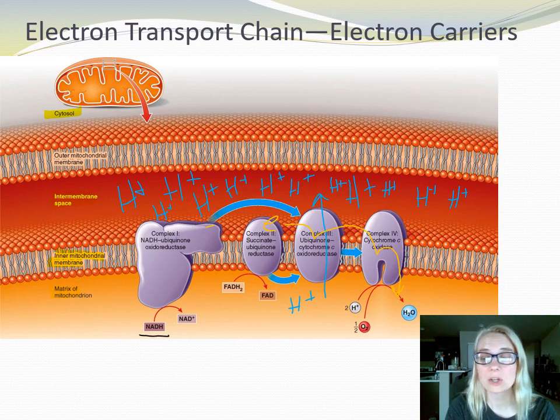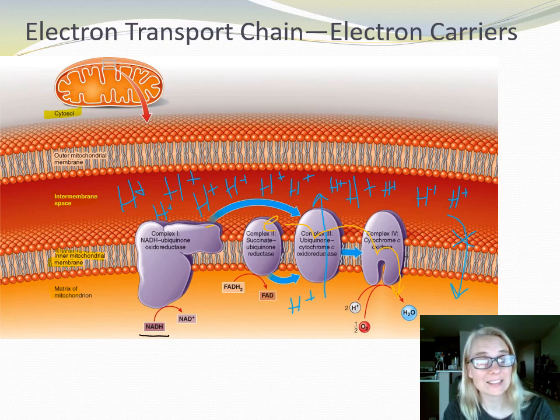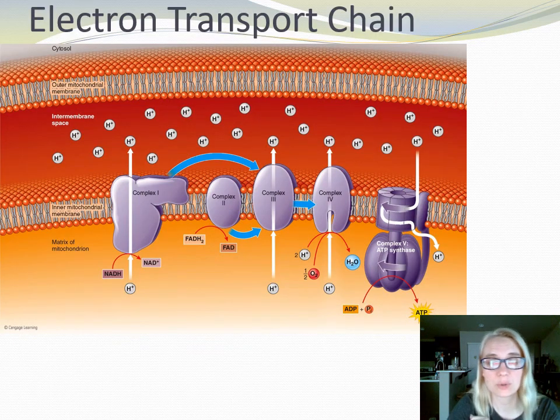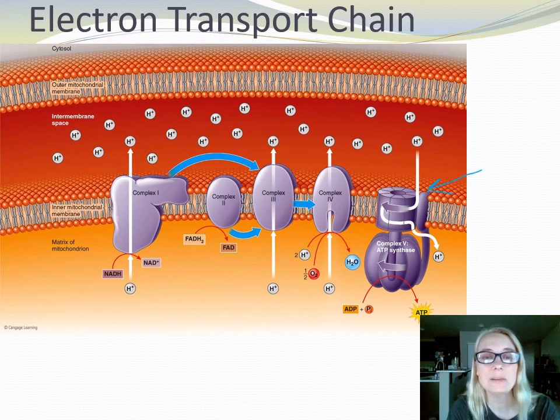So when things go from high to low, that is a spontaneous reaction. Now hydrogen ions, because they're charged and polar, cannot diffuse freely through this inner mitochondrial membrane. So they're stuck in this little inner membrane space unless they can find a way back through a special protein carrier. And here we have one of those special protein carriers. This guy right here is called ATP synthase.